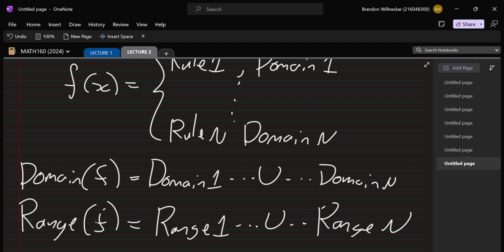I've showed you how to find the range of a function. You sketch it, see what it looks like. Maybe there's a minimum, maybe there's a maximum, maybe there's a point missing, doesn't matter. We union all of the ranges, and that's our total range. Okay, and that's it. That's all of piecewise functions.